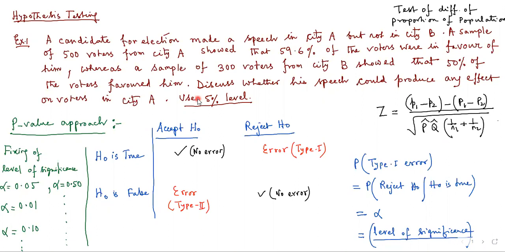I'm going to draw my conclusion on the basis of the p-value approach, because if you are learning statistics and if I do not discuss p-value, then your statistical notion, your statistical ideas, your hypothesis testing rules, that discussion will remain incomplete.